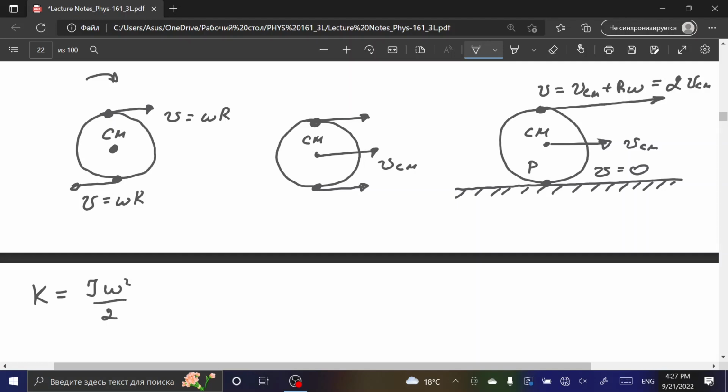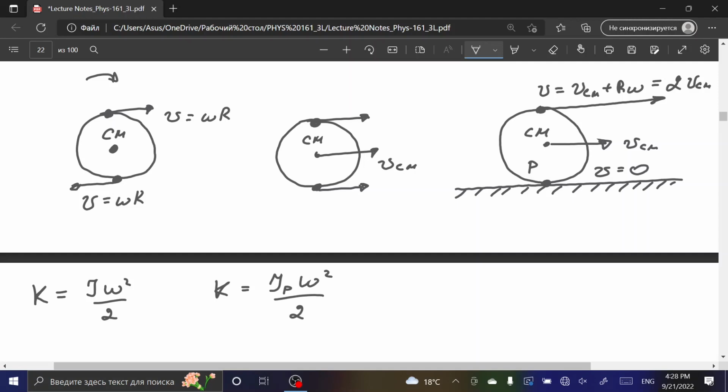So if we substitute both translational and rotational motion about the axis through the center of mass with just rotational motion about the axis through point P, then the kinetic energy will be equal to not just some random moment of inertia, but the moment of inertia with respect to this specific axis, which goes through point P, times omega squared divided by 2.